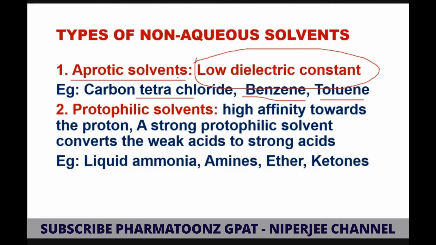So polarity can be measured by the dielectric constant. Solvents having a high dielectric constant have the highest polarity. Of all solvents, water has the highest dielectric constant. So here you have to remember the solvents: carbon tetrachloride, benzene and toluene.